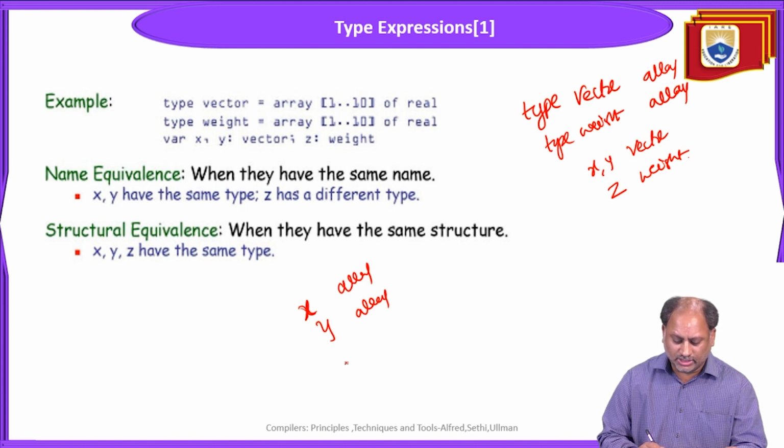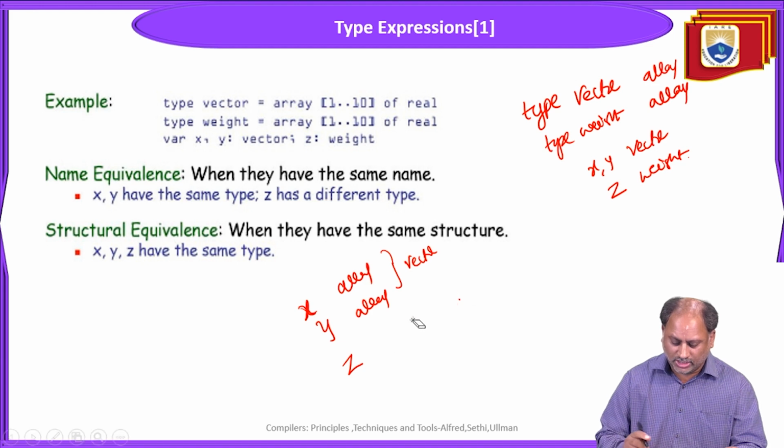But z, if you consider, z is weight. This weight is array type. Z is weight array type. But here the type expressions have different names. So here vector is one type. Both of these belong to vector, and this one belongs to weight type.